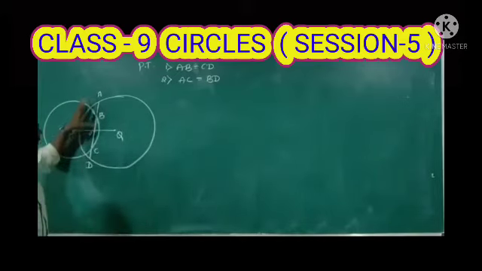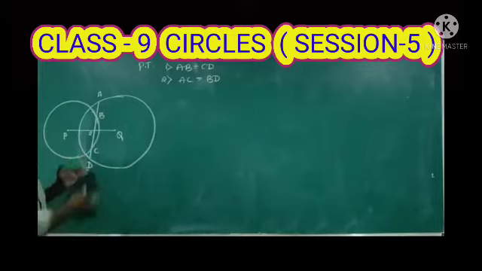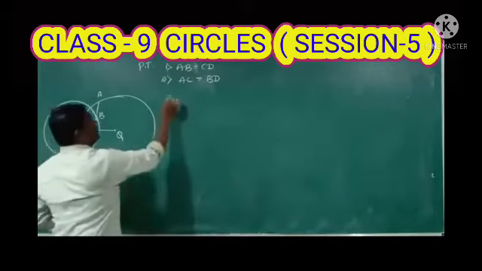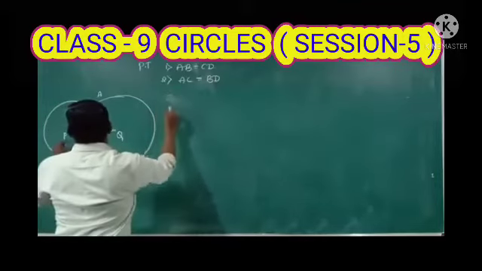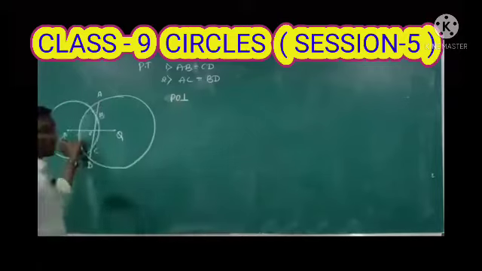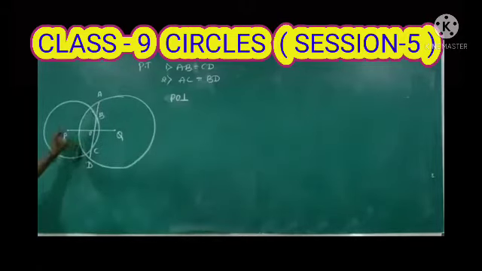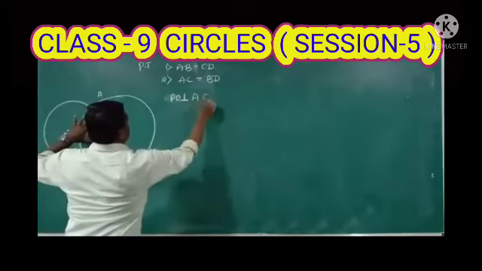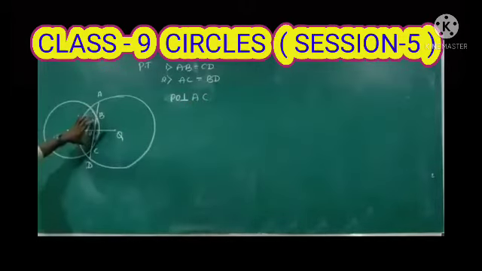If you are taking the outer larger circle, AD acts like a chord of the circle. So PO is perpendicular to, here I am taking the smaller circle, PO is perpendicular to BC.